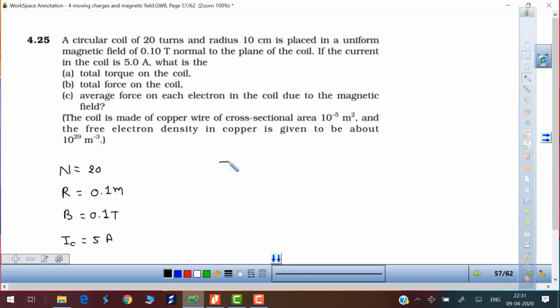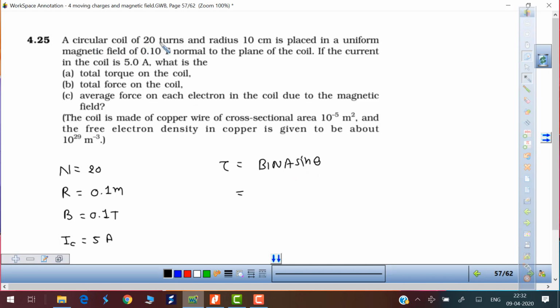So we have the formula torque is equal to NBIA sin theta. Here B is given, I is given, N is given, and the area we can calculate. And what is theta?